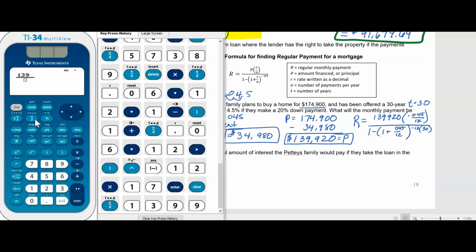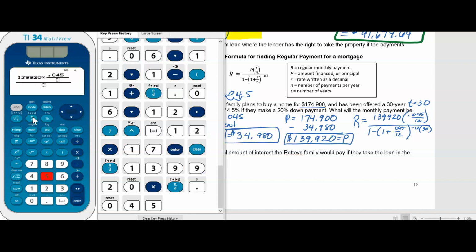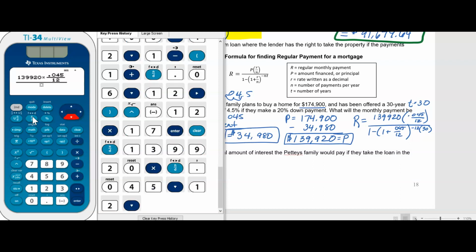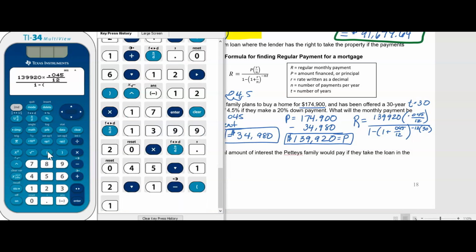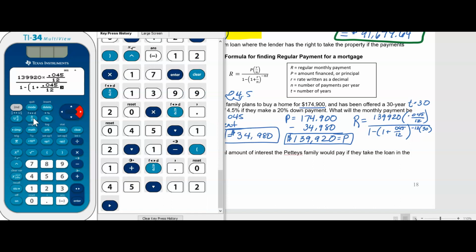So $139,920 times N over D, 0.045, down arrow, 12, down arrow, 1 minus, we're going to do parentheses, 1 plus N over D, 0.045, and then right arrow, N parentheses, and then we're going to raise it to the negative 12.